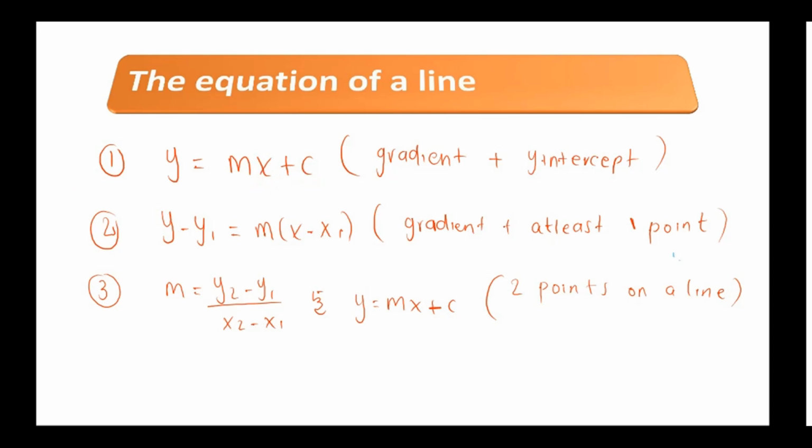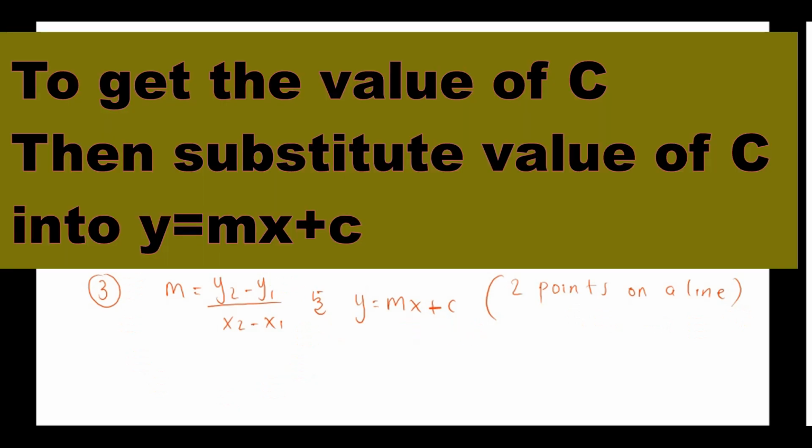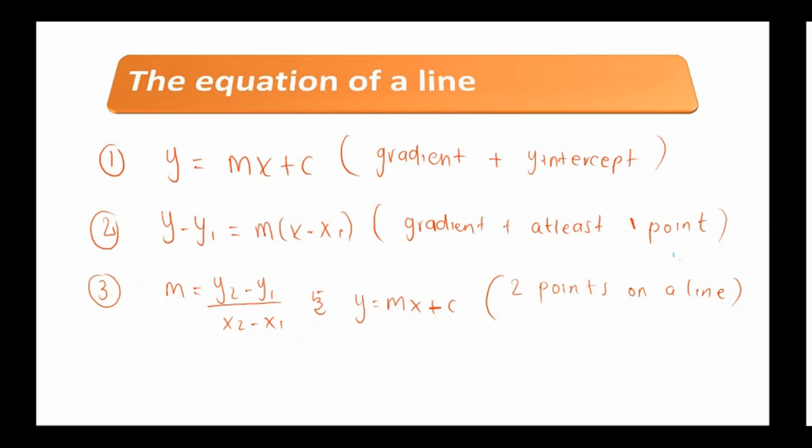Number two, if you're given a gradient plus 1 point on the line, then you can use the formula y minus y1 equals m(x minus x1). And if you are given 2 points on a line, you can start off by calculating the gradient, then substitute the gradient that you obtained and 1 point to get the equation of a line. Let us put all of this into a practical example.